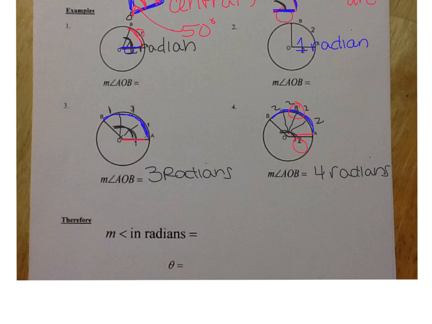So the measure of the angle in radians is equal to the intercepted arc divided by the radius.